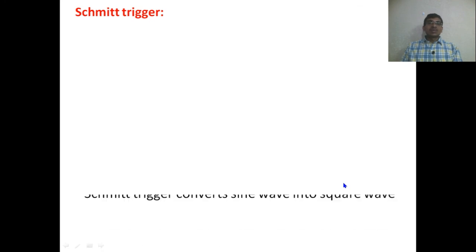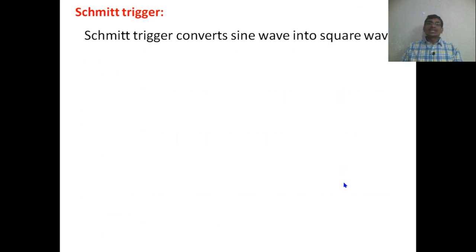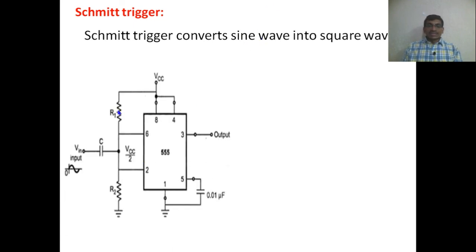Next, we will see the Schmitt trigger, which is one of the applications of the 555 timer. The Schmitt trigger converts the sine wave into the square wave. This is the circuit for the Schmitt trigger using IC 555.